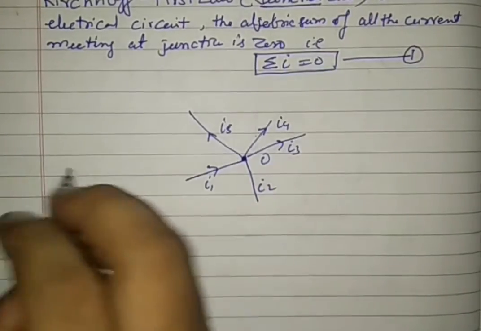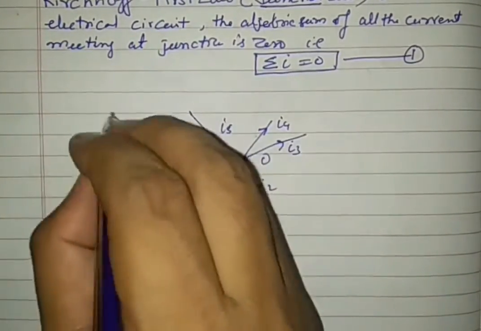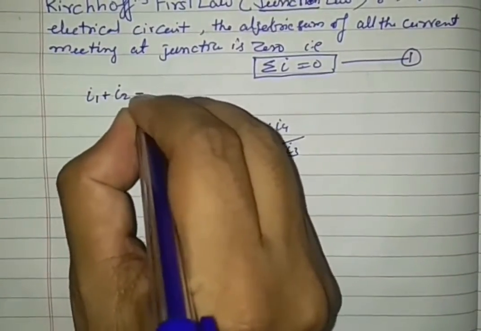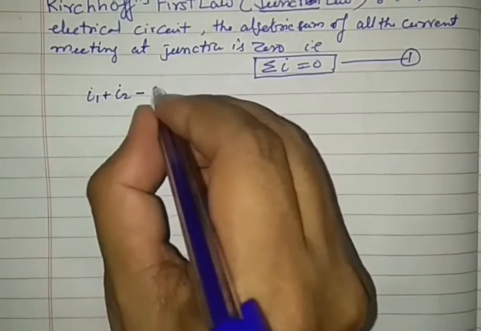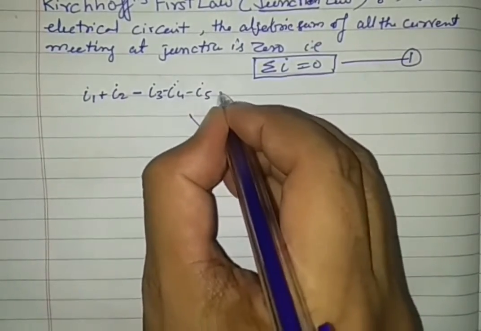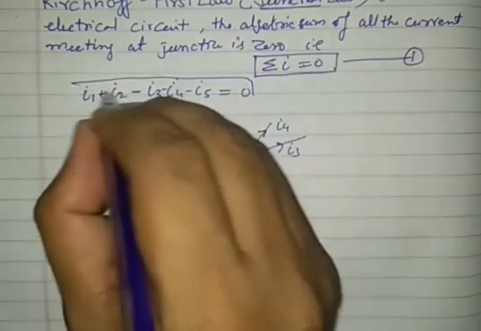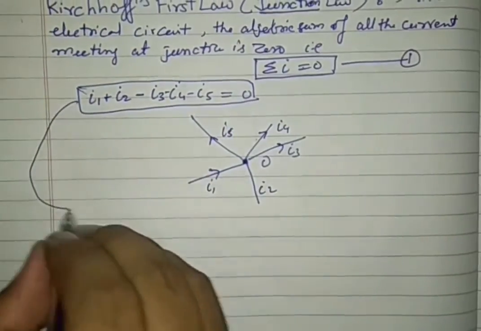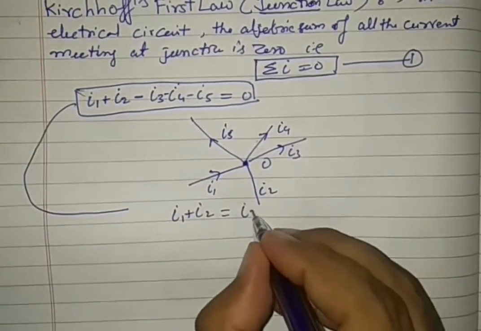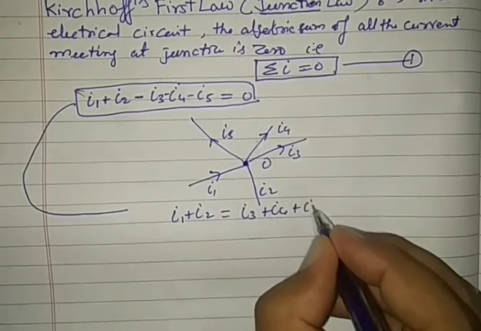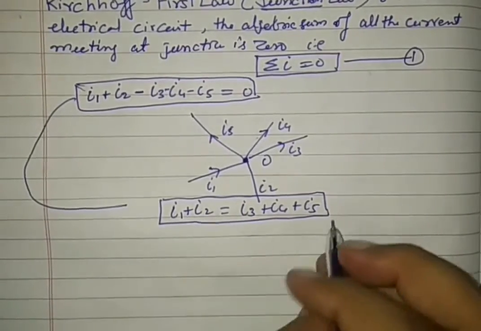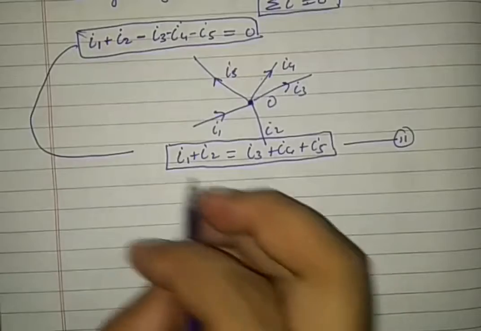If you take current approaching the junction as positive and leaving the junction as negative, then I1 plus I2 minus I3 minus I4 minus I5, the algebraic sum, is 0 by this law. Or this law can be written as I1 plus I2 is equal to I3 plus I4 plus I5. So total current approaching the junction is equal to total current leaving the junction.